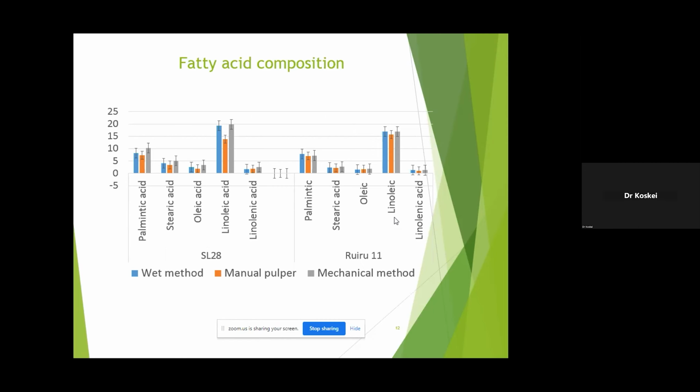there was little variation between the processing methods on some of the fatty acid components, like linoleic acid and palmitic acid for the SL28, though it was not common for the Ruiru 11 samples.